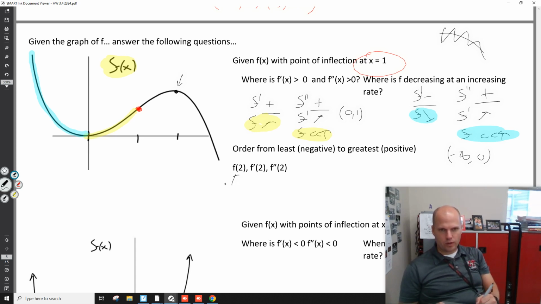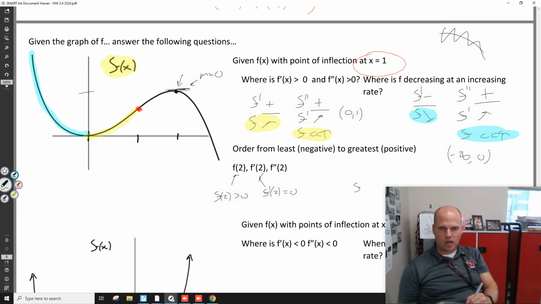This y-coordinate is a positive value, like 1, 2, something like that. F of 2 is positive. What is the slope there? Well, it looks like the slope is 0, so F prime of 2 is 0. What's the curvature there? We are concave down.